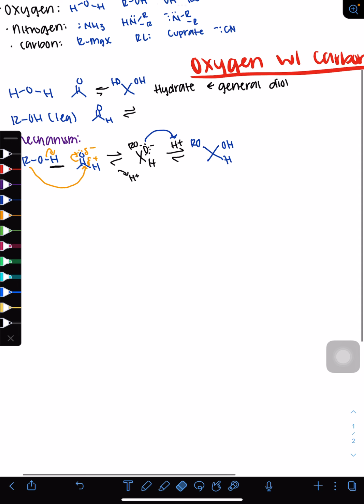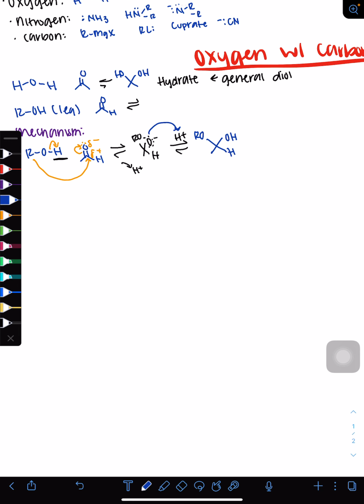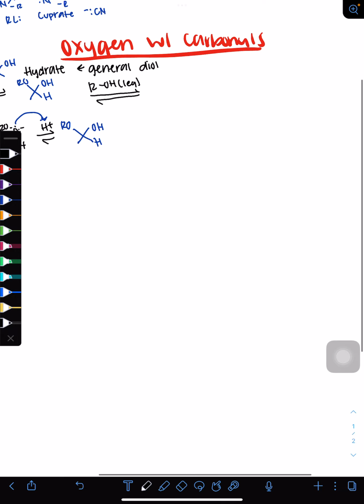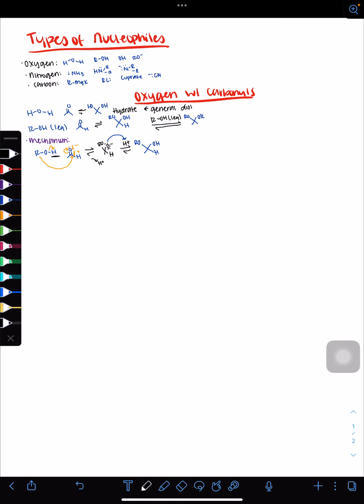And if you were to do this again, let me put the answer here. If you were to do this again with one equivalence, you would get an acetal group, which is two OR groups. So we could put that over here.